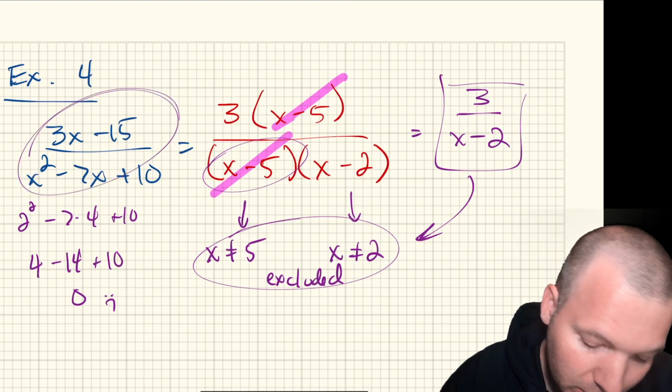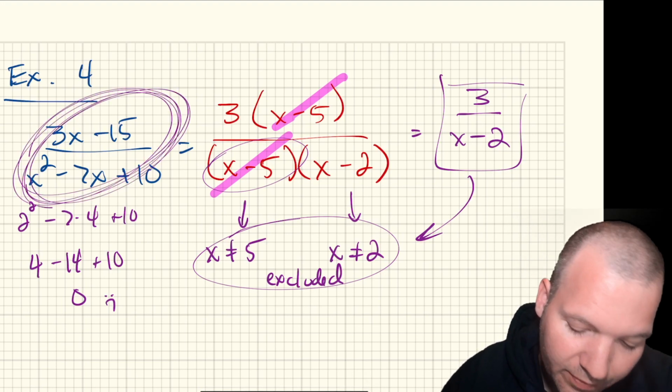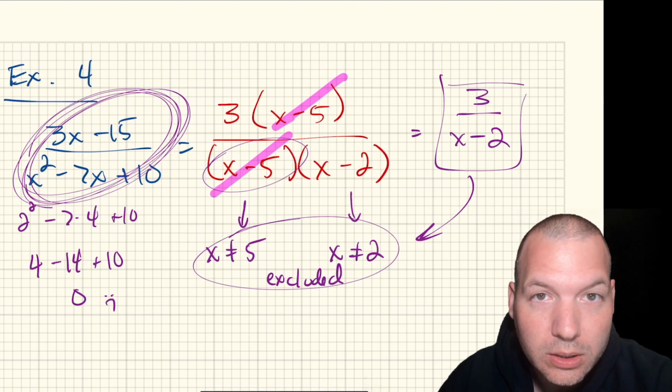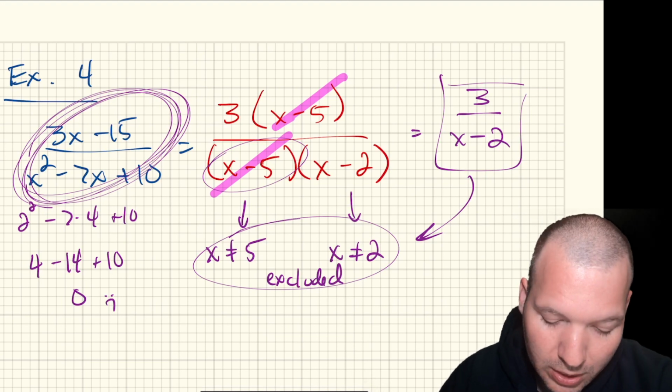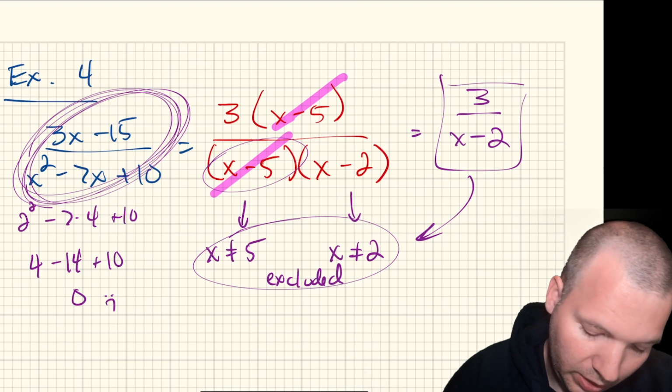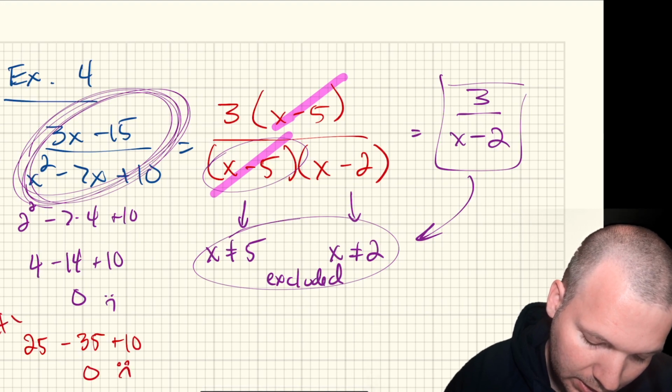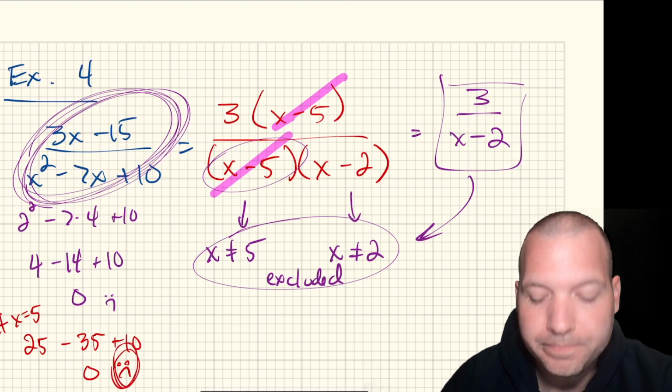But that's not actually true, because we would have to plug the 5 in at the beginning and get the same result. And we wouldn't, because if we plugged the 5 in at the beginning, 5 squared is 25, minus 7 times 5, that's 35, plus 10, that would be 0. Letting x equal 5 is a bad idea, right?